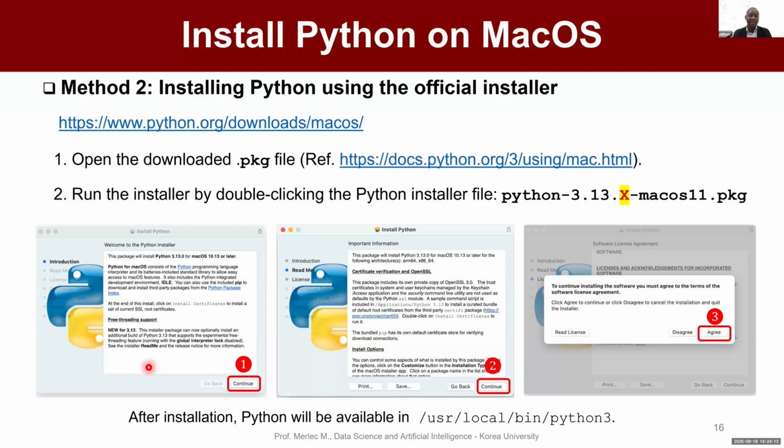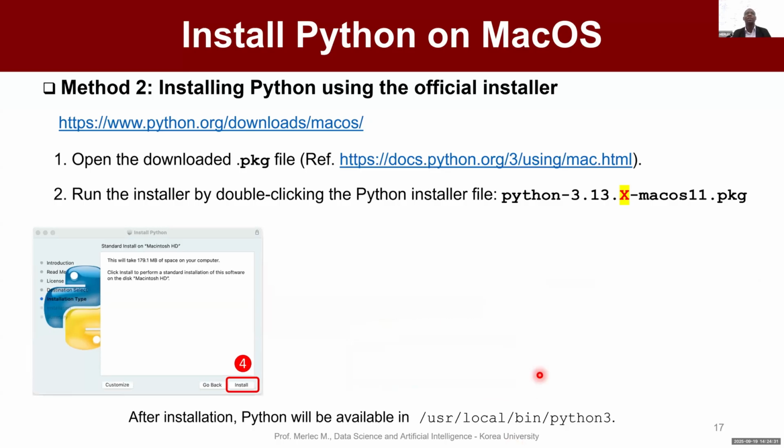Remember that after the installation, you will check whether it is available on your system by checking this path, because at the second step it will show you where Python will be installed. So you can check the location where Python is installed, and after accepting the license agreement, it will ask you to install.